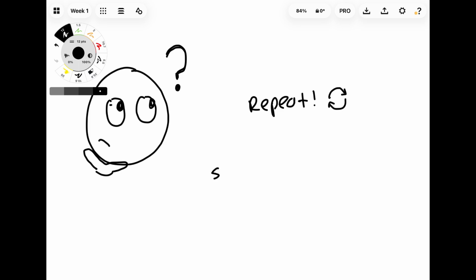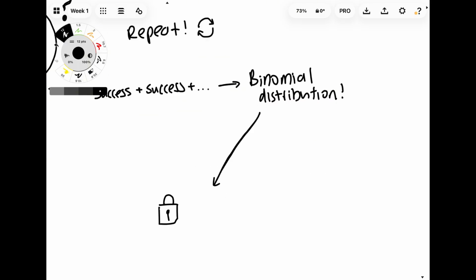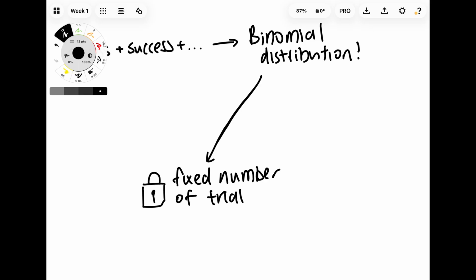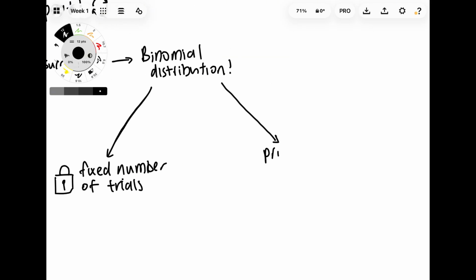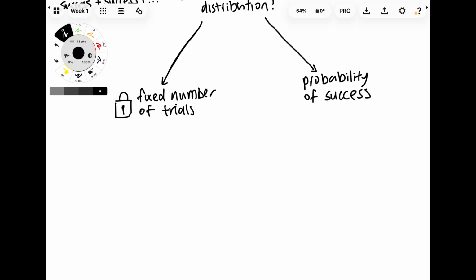When we add up the number of successes across these independent trials, we obtain the binomial distribution.